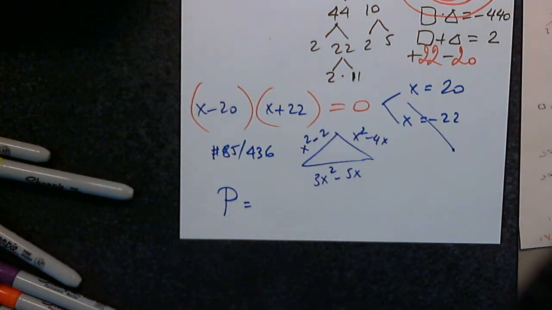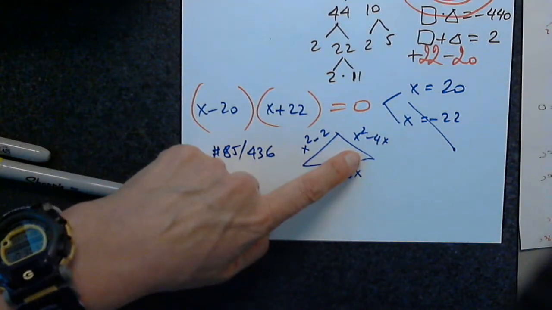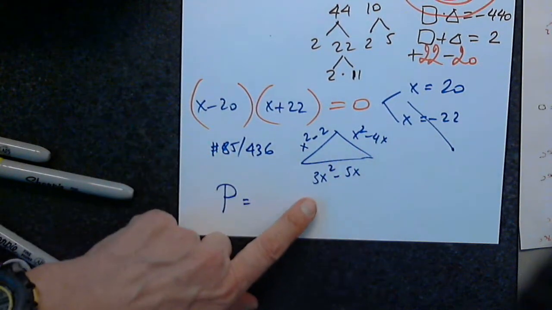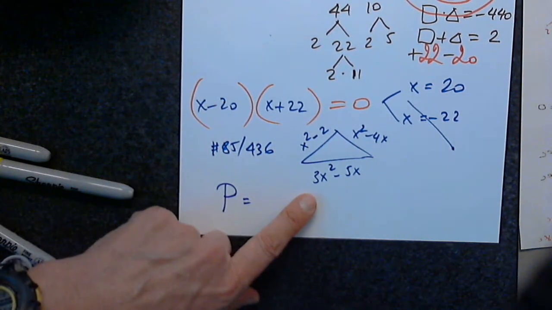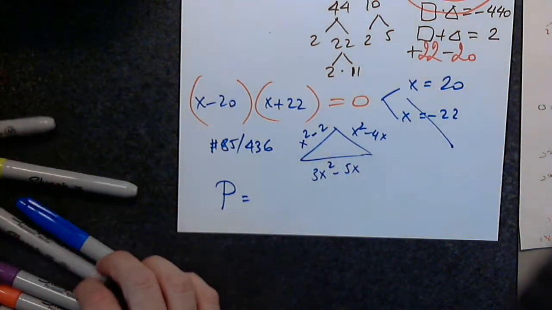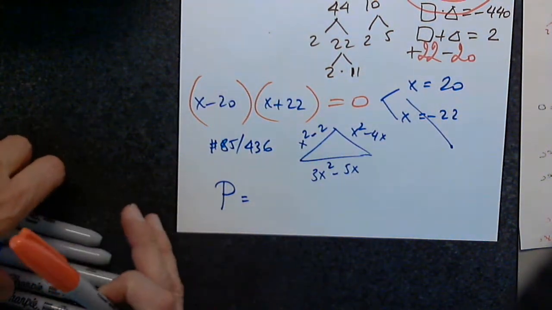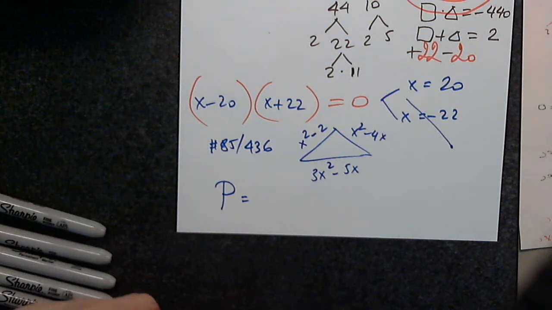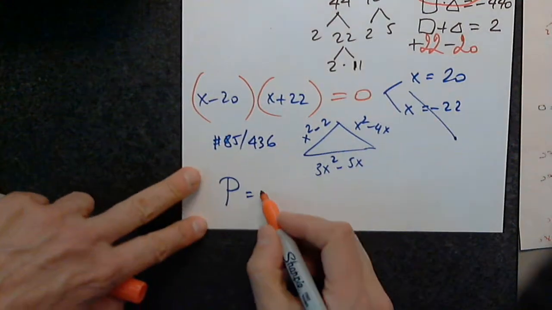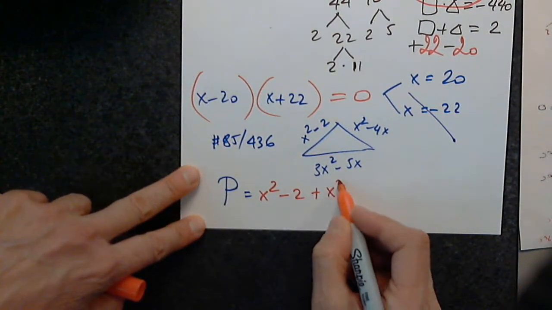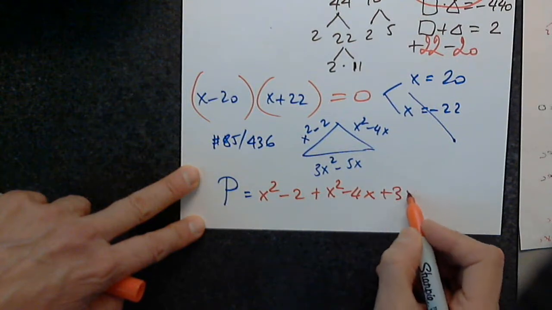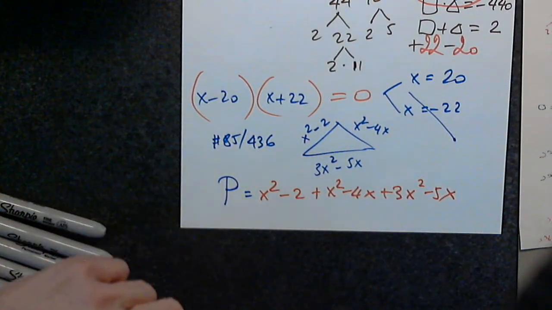So the perimeter of a figure, how do I determine that? So then I have to write x squared minus 2 plus x squared minus 4x plus 3x squared minus 5x.